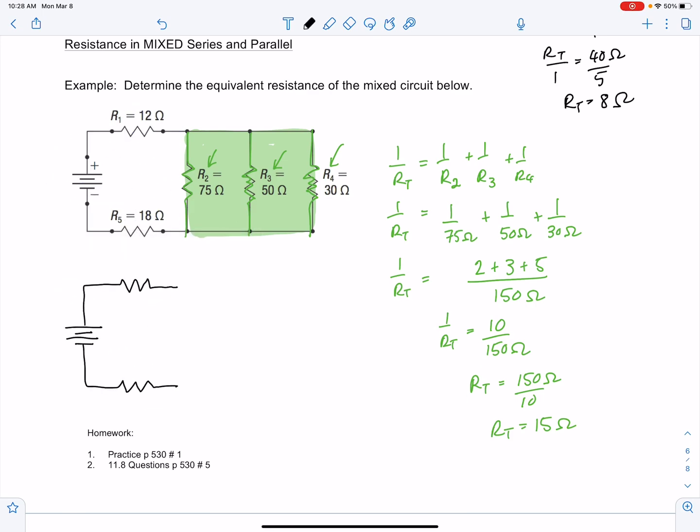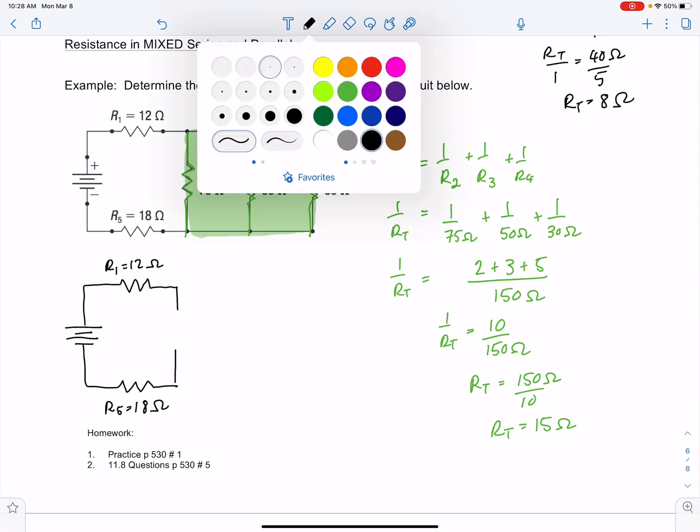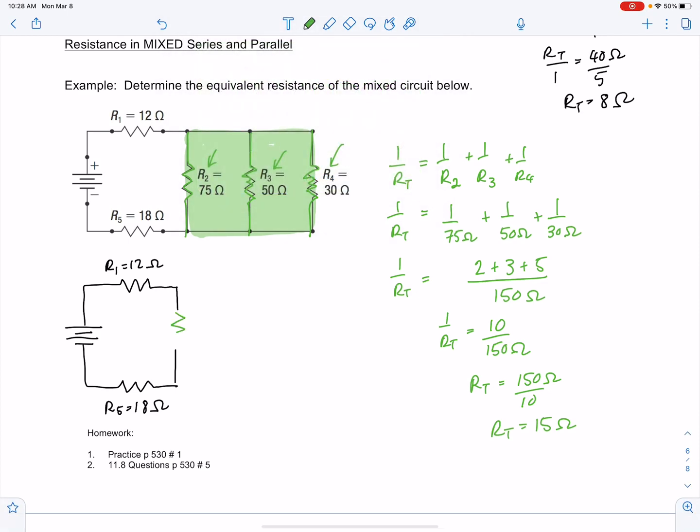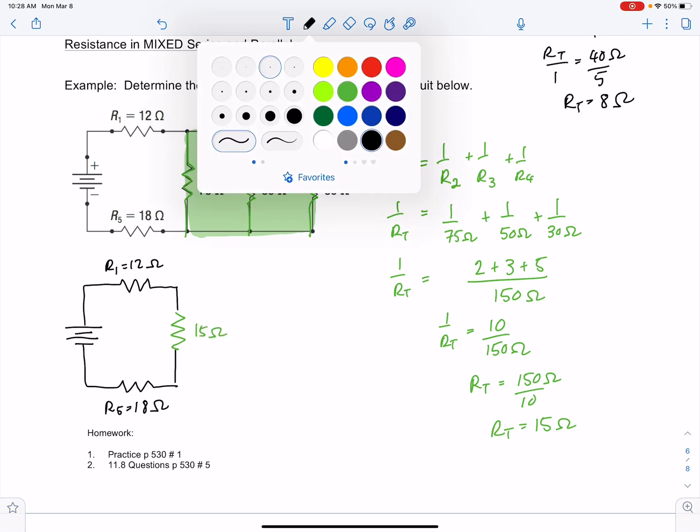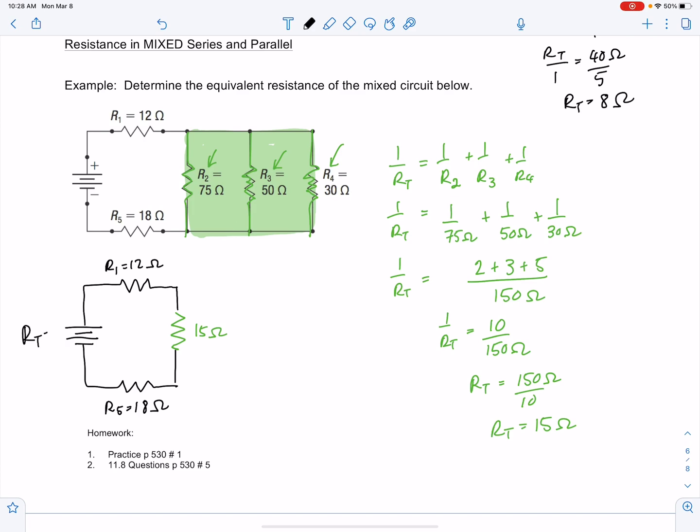I know R1 is 12 ohms and R5 is 18 ohms, and we just calculated the total of that block of 3 parallel resistors, and we said it was equal to 15 ohms. So if I want to find the total of this now simplified series circuit, all I have to do is add up these 3 individual resistors.